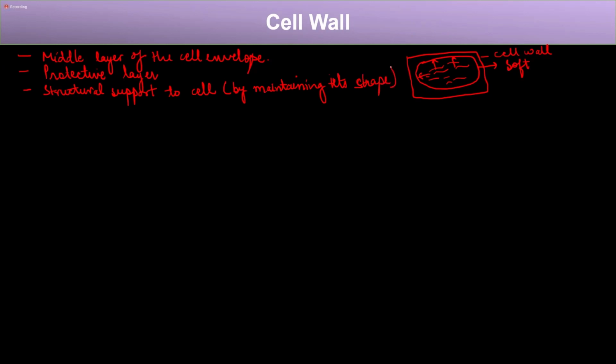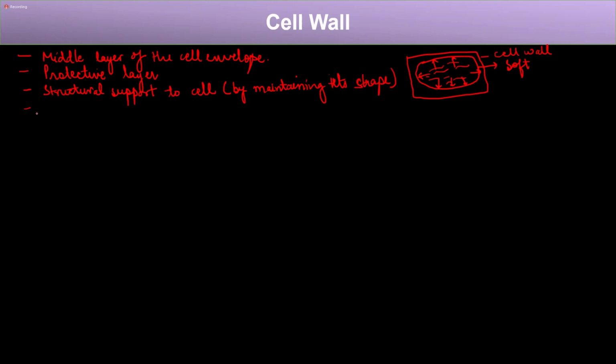Now, the third thing: apart from this, if the pressure becomes more, the cell can collapse because its plasma membrane will be disrupted.